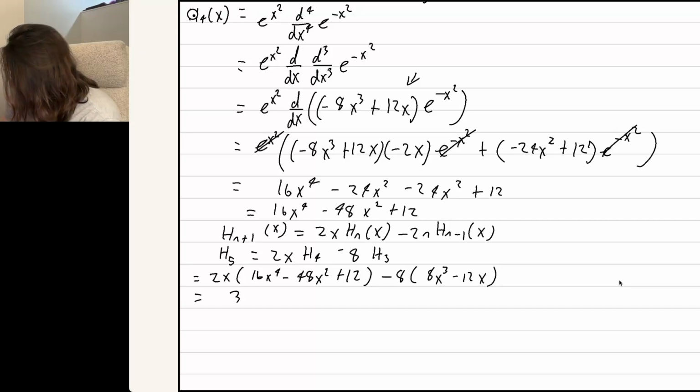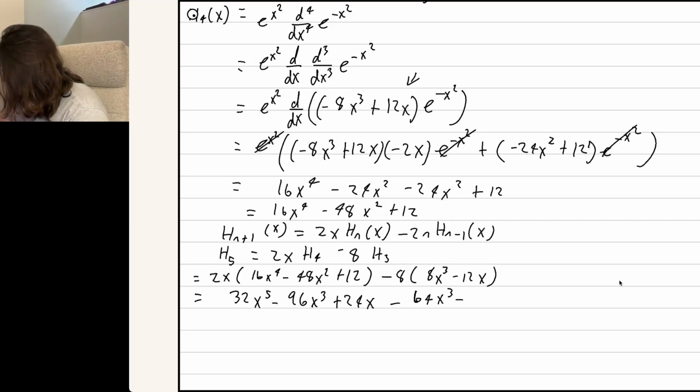So 32x fifth minus 96x cubed plus 24x minus 64x cubed plus 96x.